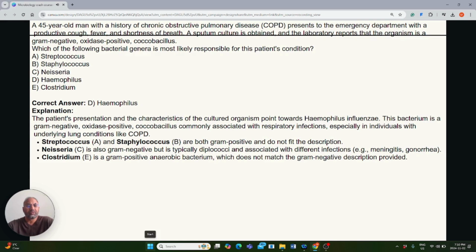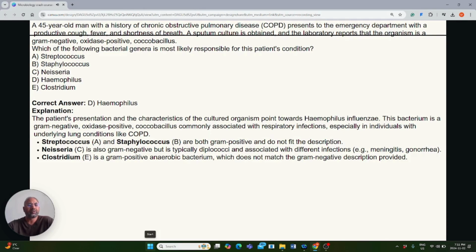Going through our choices, we can straight away rule out the first two, Streptococcus and Staphylococcus, which are gram-positive organisms. That brings us to the third one, which is gram-negative, but Neisseria, as we said, is mostly associated with sexually transmitted diseases. Here there is no indication of sexually transmitted disease, so it is not Neisseria. Clostridium is mainly associated with tetanus. So the last one remaining is Haemophilus.